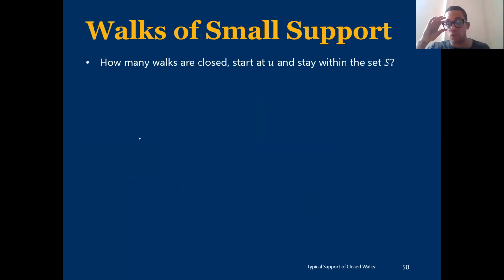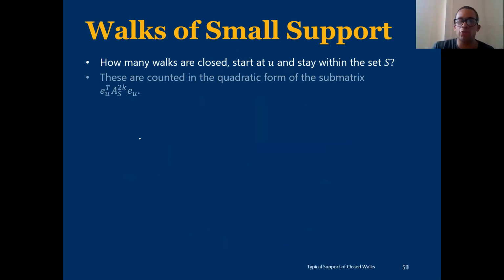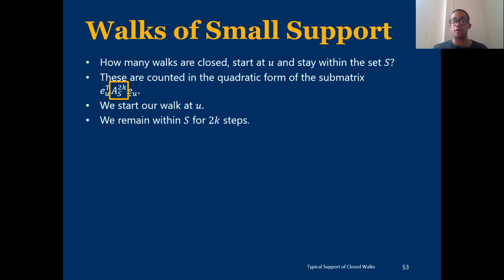Okay, so how do we actually show that there are more walks on T than on S? Well, how many walks are there on S? That's just this quadratic form where we start our walk at u. That's represented in this quadratic form by the elementary vector on u. We then remain within S for 2k steps.